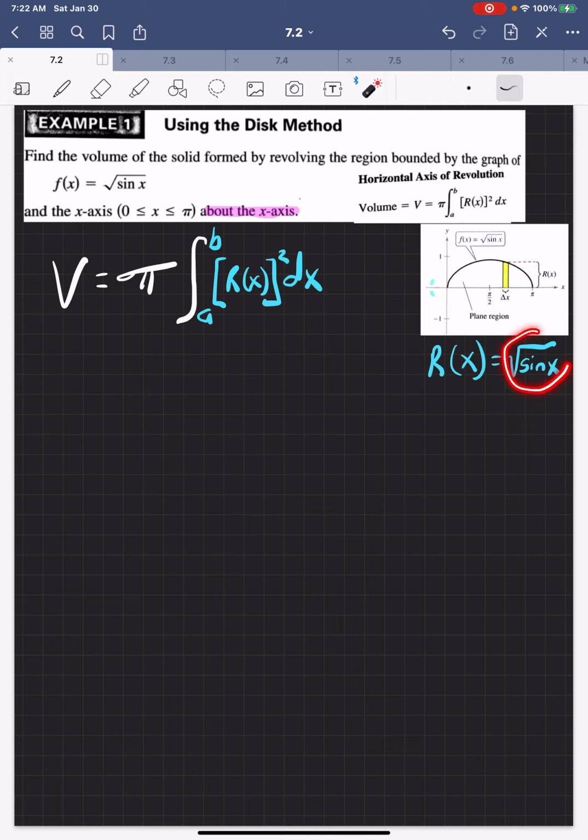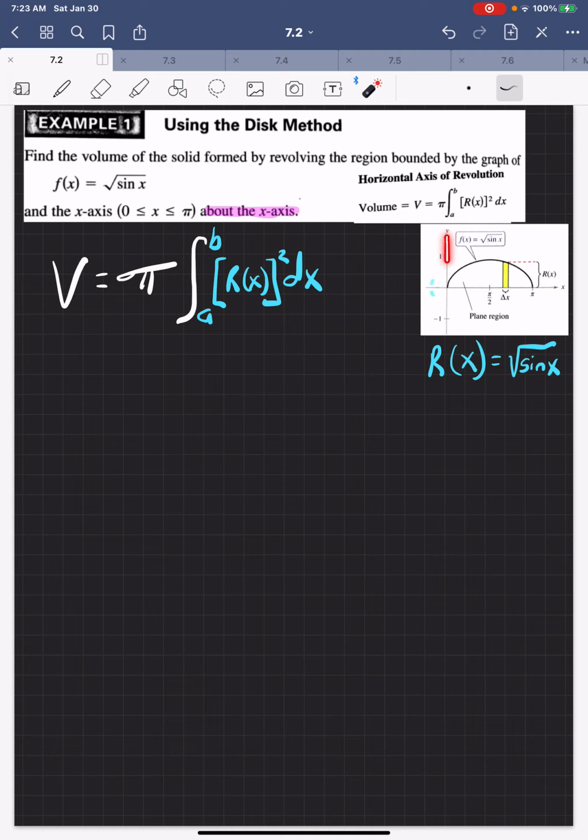Okay, so we know what we're plugging in here and then squaring it. Now, we also need to know, where do I start, where do I stop? All right. Well, the good news is that is all specified here. Notice that you're starting at x is 0. You are stopping when x is equal to pi.